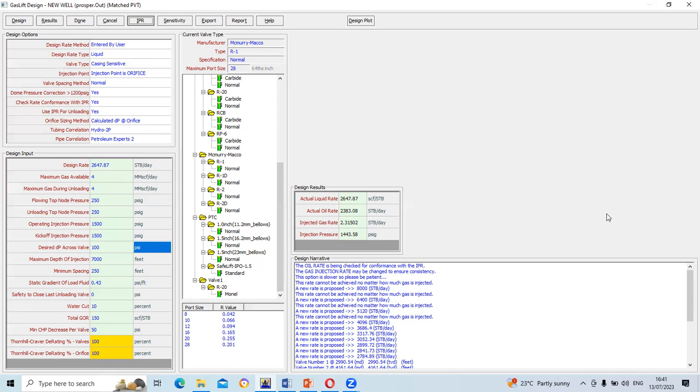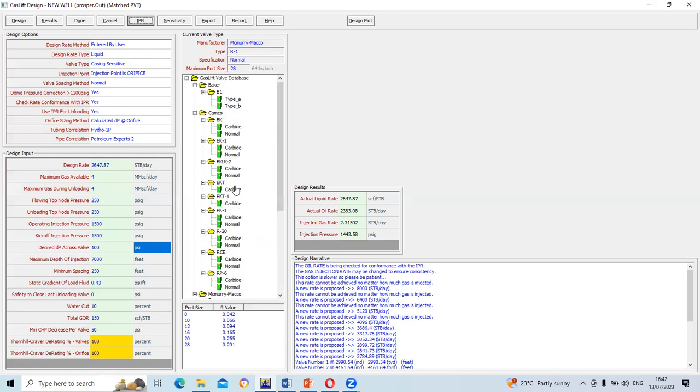So what you have to know here is what you need is a design option, you need a design input, and then you also need the current valve type. So all of what you have here are well-designed valves, the most commonly used valve that we have in the company. But what we were supposed to use for this was Camco, from the design that we have there.